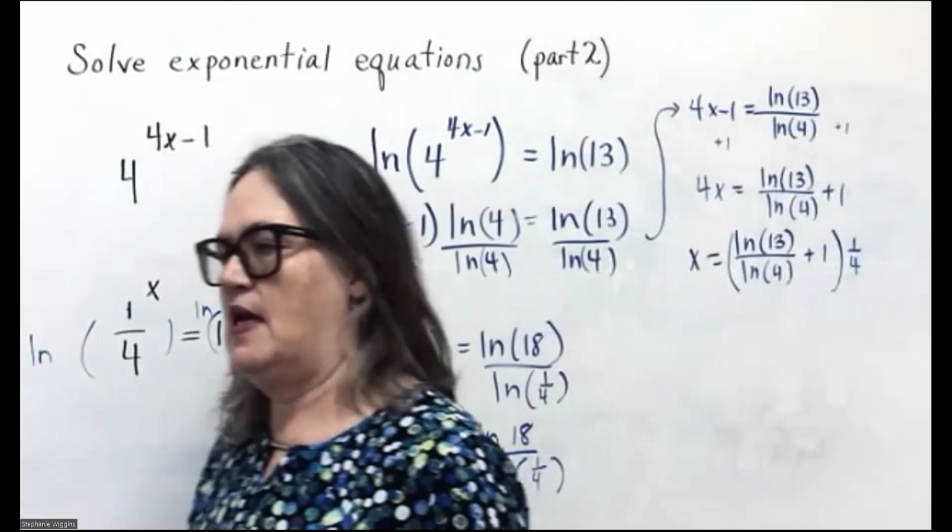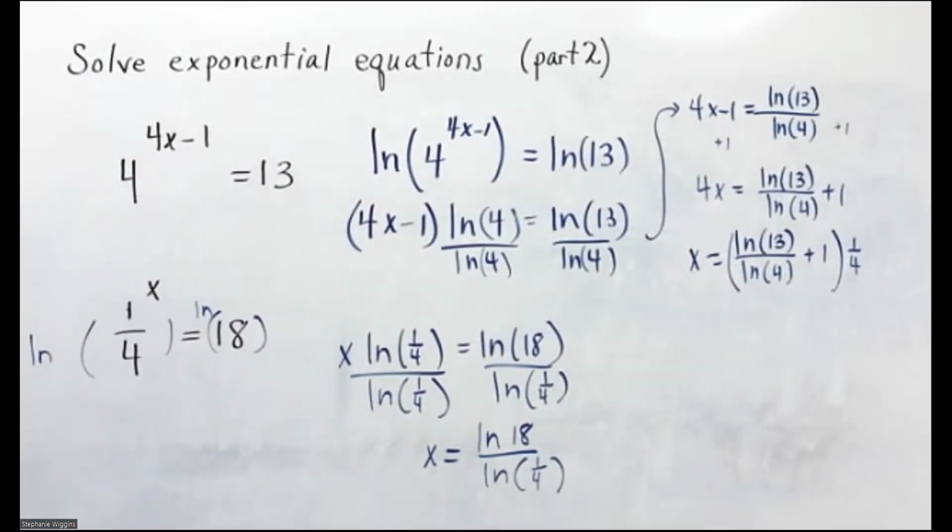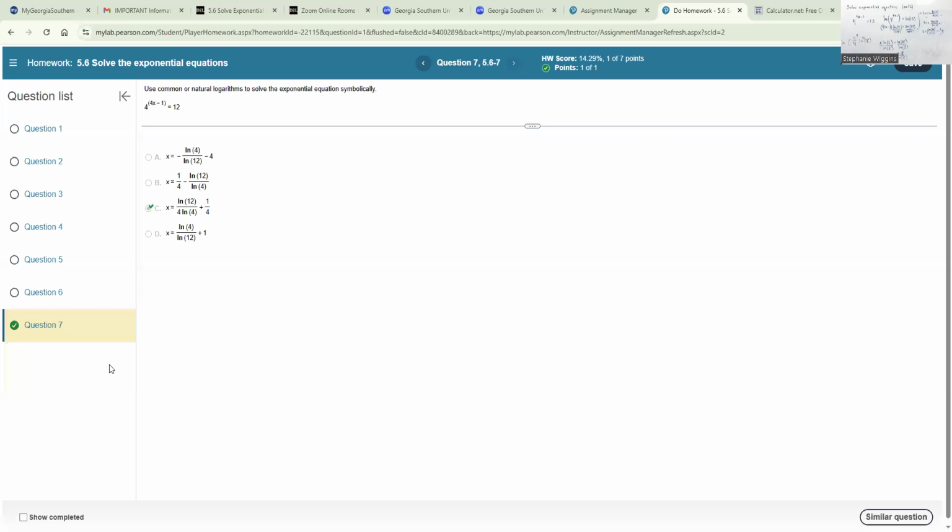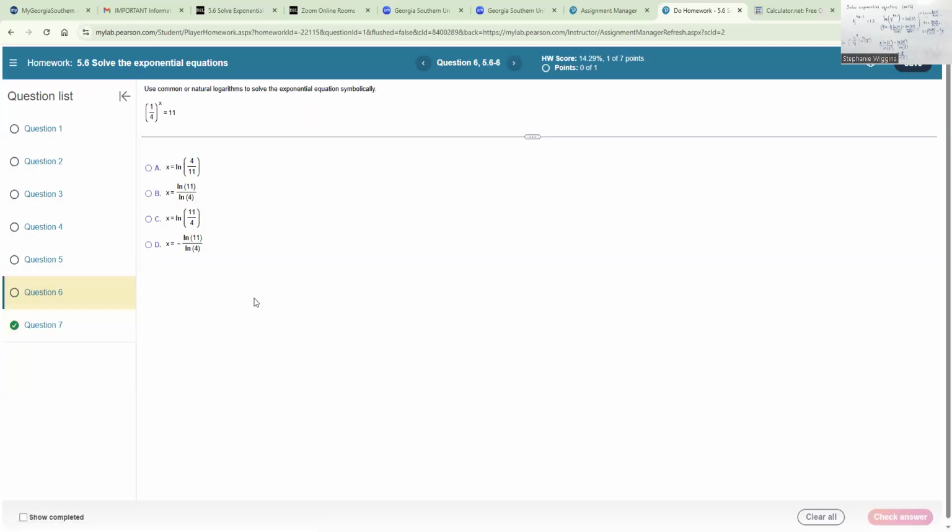Let me see again in the homework what form they have it in. So I'm going to share my screen again. I think this is problem 6. They have an 11, I have an 18 in my problem. It generates a new problem every time you click on it, so that's why it's different.